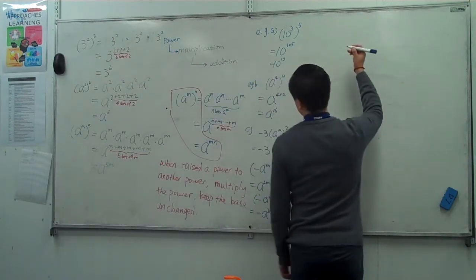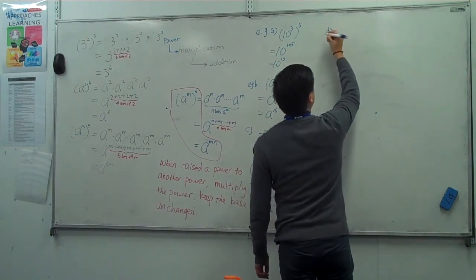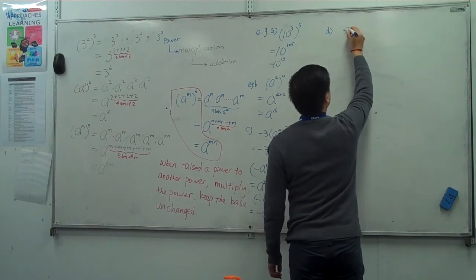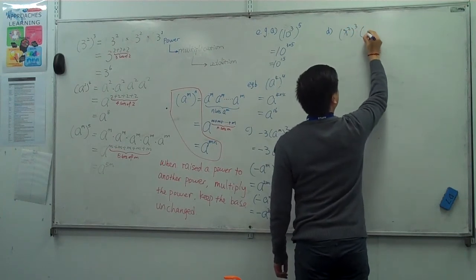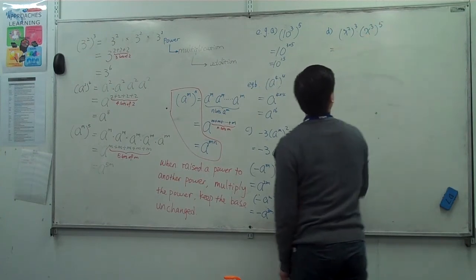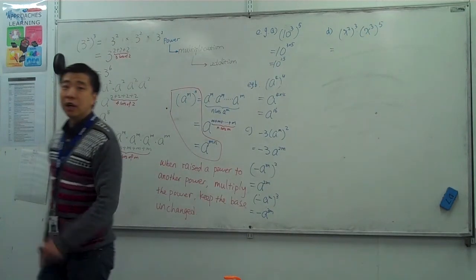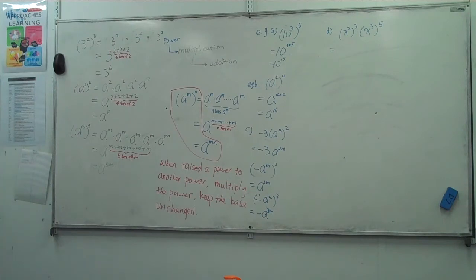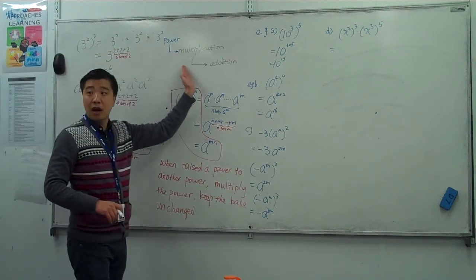Okay, the last question. Last example. Now you have 2 parts. How can we do that? Alright, do that one by one. Now think for this hierarchy.